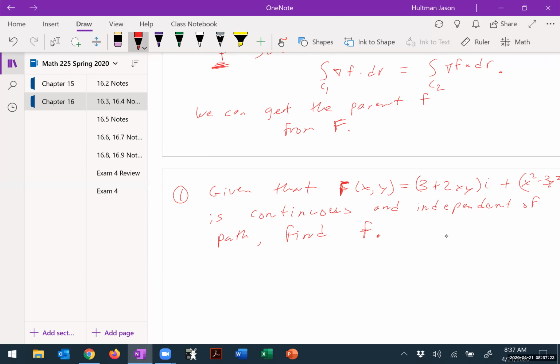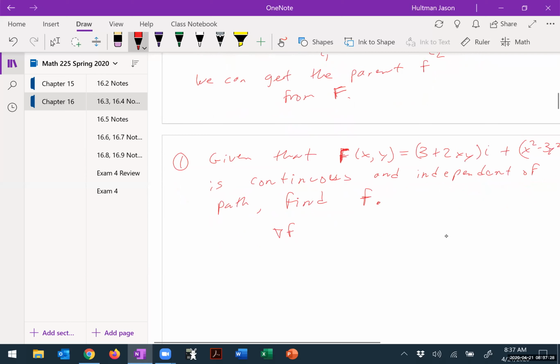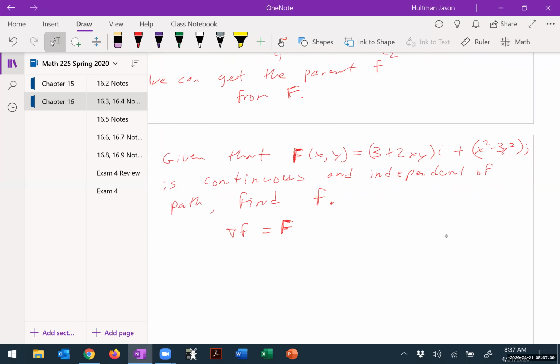We need to find f such that the gradient of f is equal to capital F. So we want the function whose gradient is equal to the vector valued function F. Okay, so how are we going to do this?